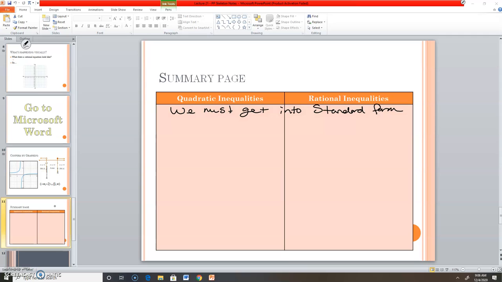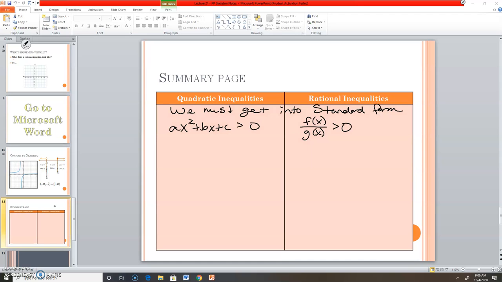Okay, the standard form for a quadratic is your ax squared plus bx plus c. Okay, and then greater than 0, less than 0, whatever, it doesn't matter. Okay, standard form for the rational is going to be some sort of function over some sort of function. Greater than 0 could be less than 0. Okay, so any one of those, we have to get them in the standard form first.